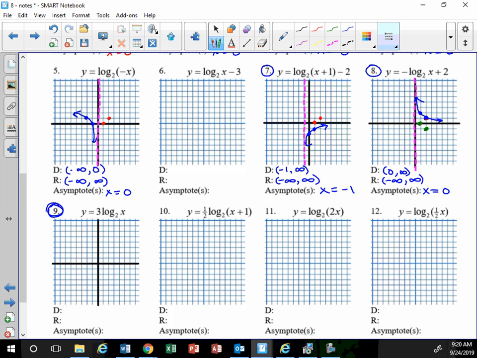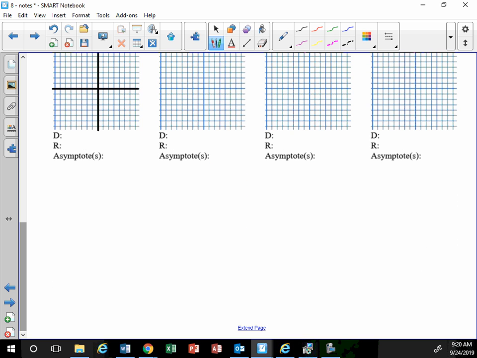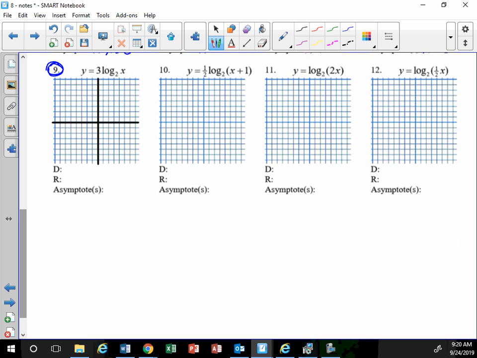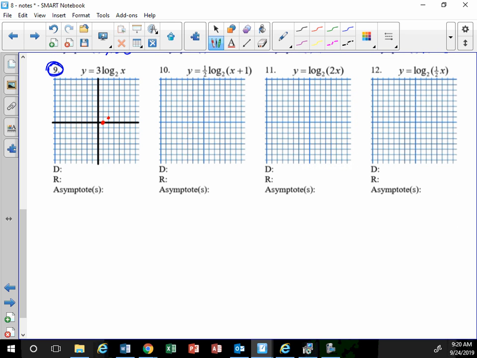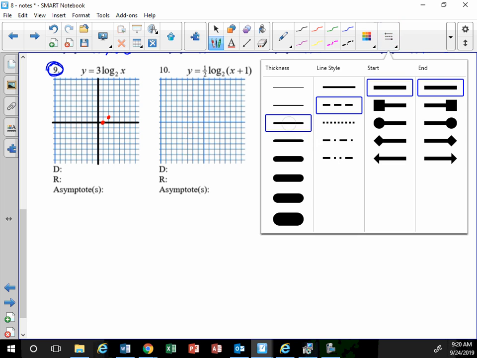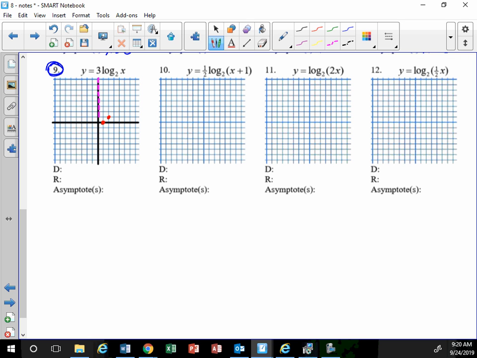Okay. 9. All right, 2 points. Okay, guys, what does a 3 out in front do? There's a vertical stretch, and how do I show it? How do I find the stretch? Y, okay. Y values times 3.